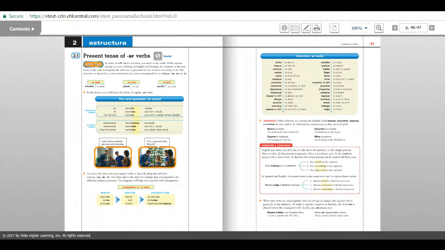The nice thing is the list on page 47, all of those verbs change the same way for each subject, okay? And what I like to do when I am conjugating these verbs is to have a kind of a formula for that.